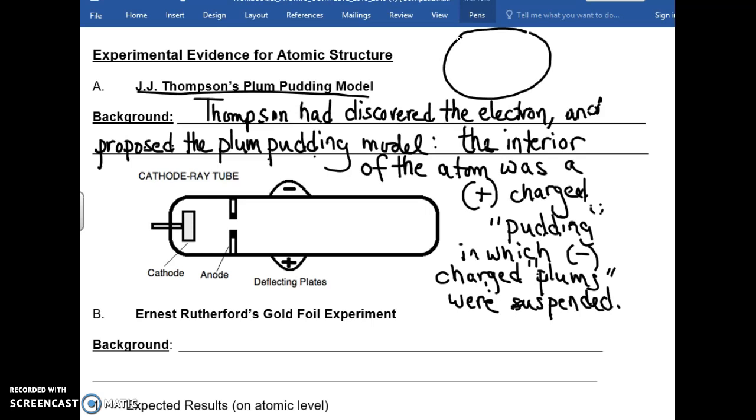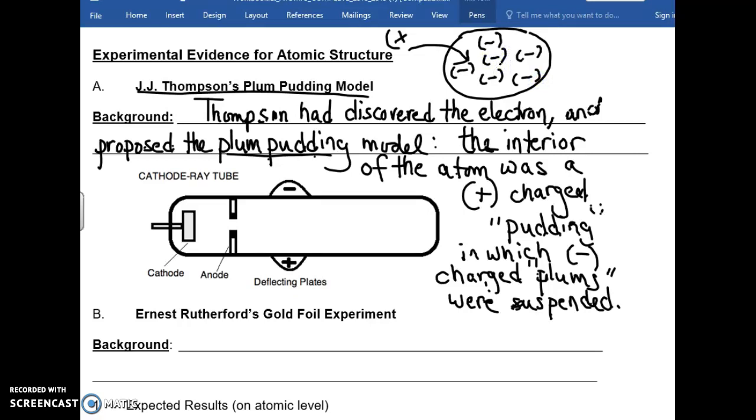This is a famous traditional British dessert, plum pudding. The pudding was positive, uniformly positive throughout, and in this pudding were these negatively charged plums, these particles that were suspended somehow within this overall positive jelly.